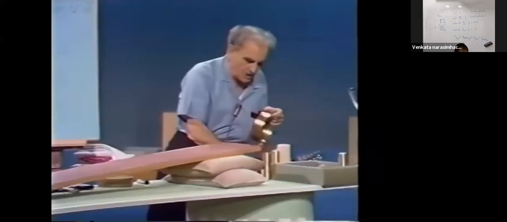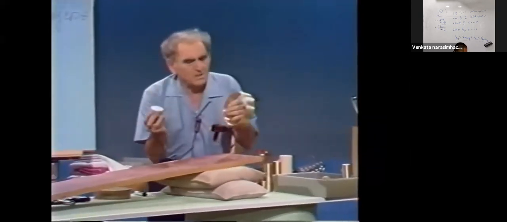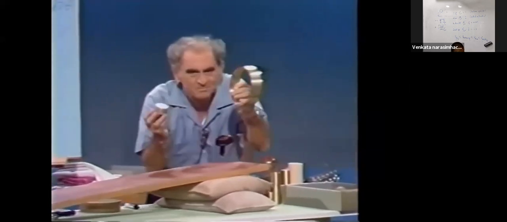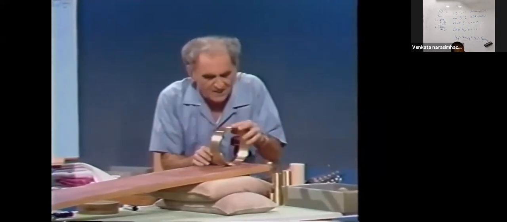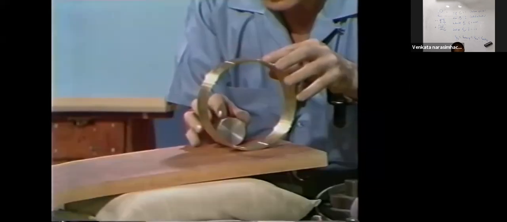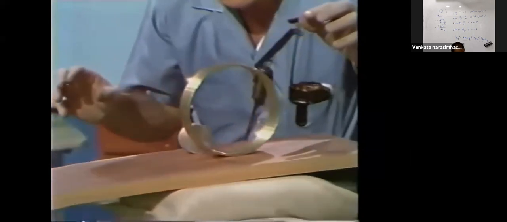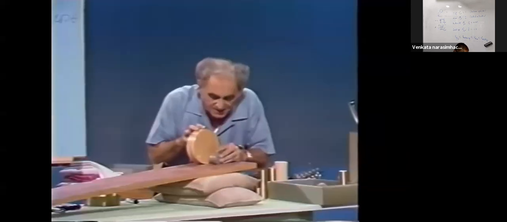Now I'm going to roll another disc. Here is a disc, aluminum, much smaller than the hoop, and I'm going to roll these together. This is a disc and still the hoop, and the disc again wins. Now I'm going to roll these two discs together. Small disc, big disc.